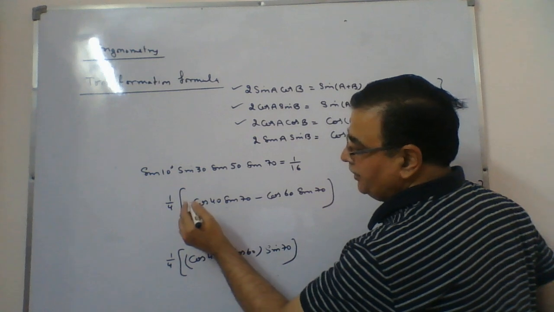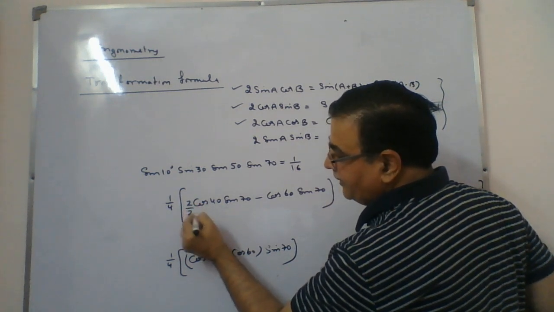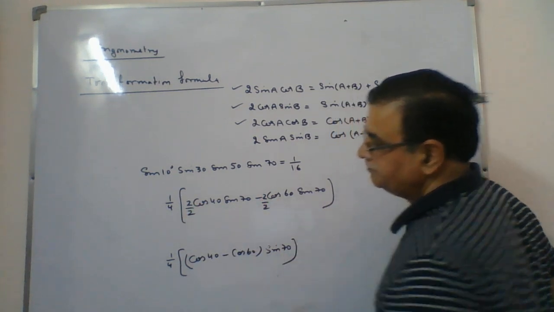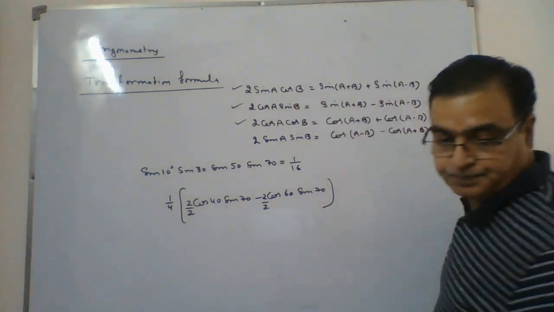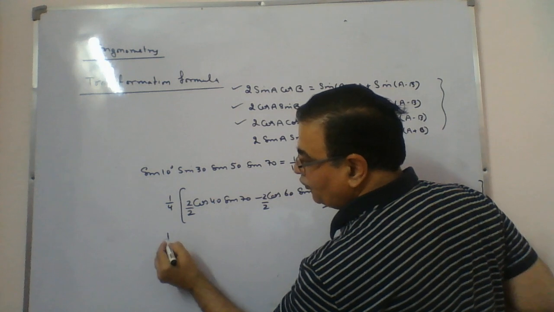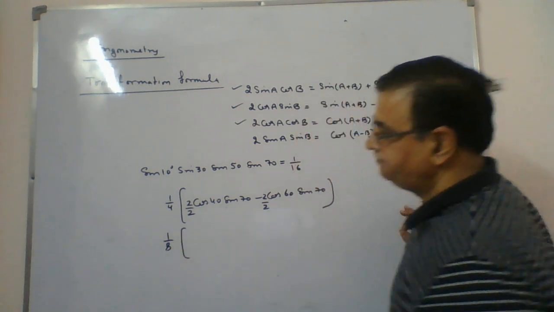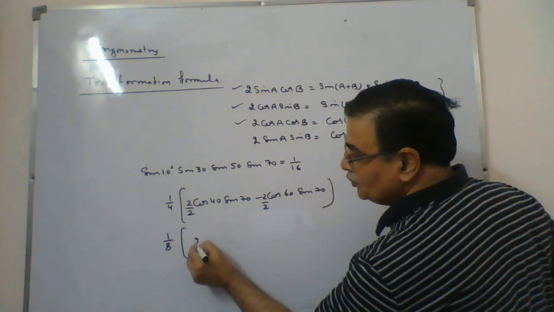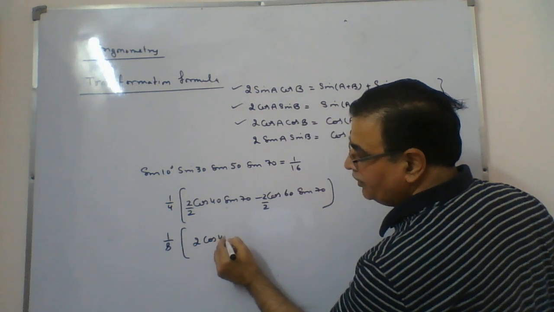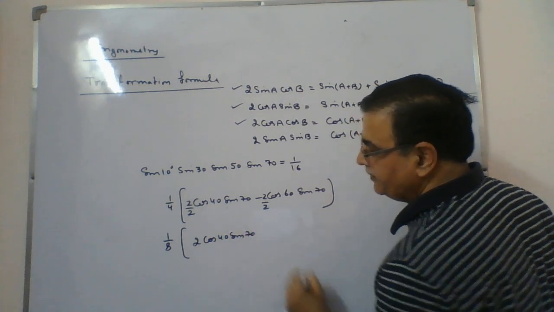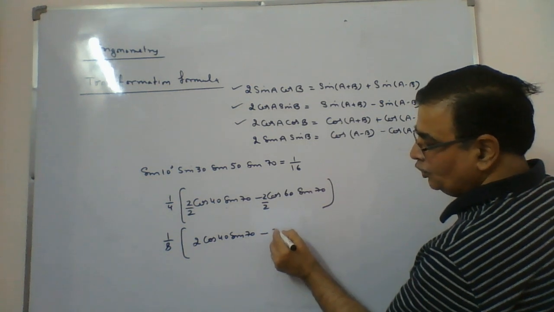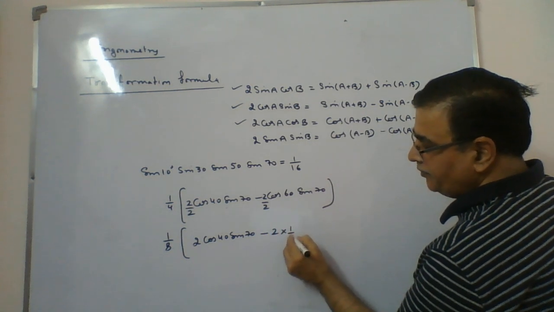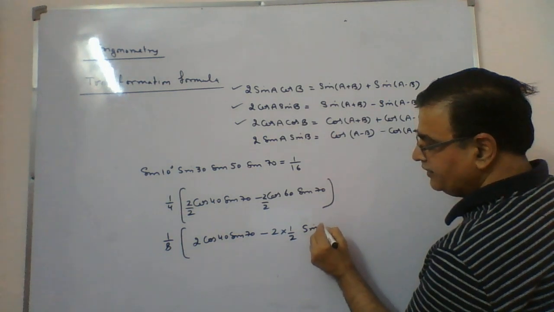Again I told you, multiply by 2 divided by 2. So half gone out, 1 by 8 goes out. Left is 2 cos 40 sine 70. And here left is minus 2 cos 60, which is half, sine 70.